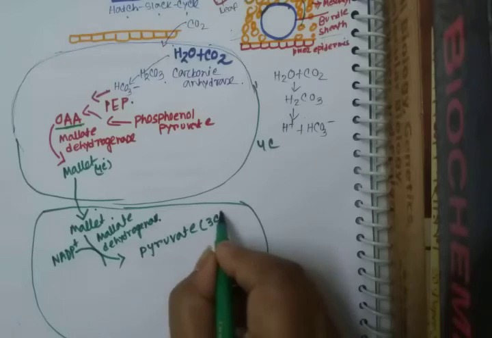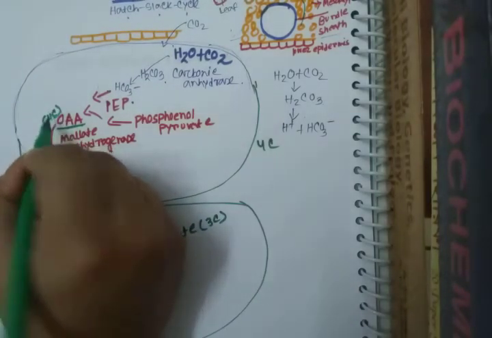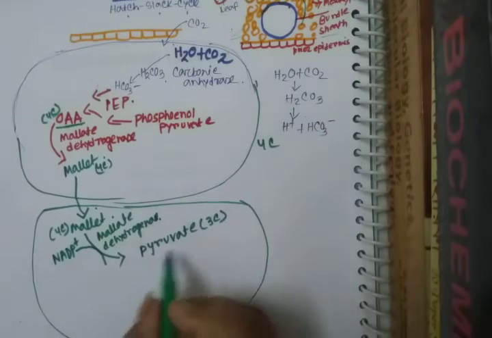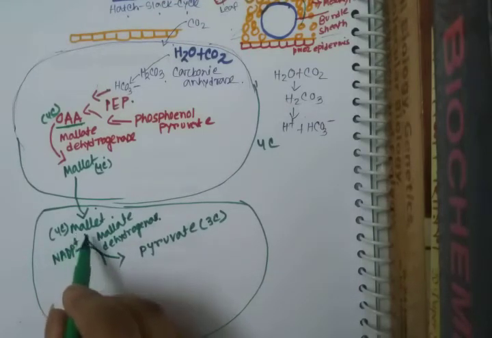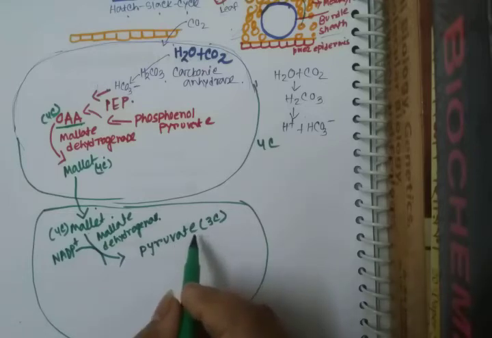This is a 3-carbon compound, and malate is 4-carbon. Oxaloacetic acid is also a 4-carbon compound. The 4-carbon compound malate is converted into pyruvate, a 3-carbon compound.